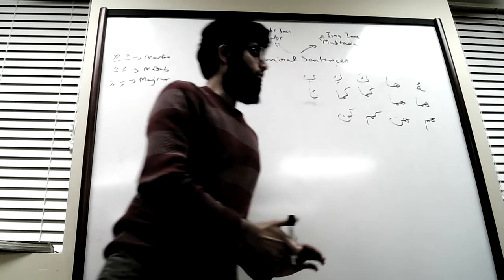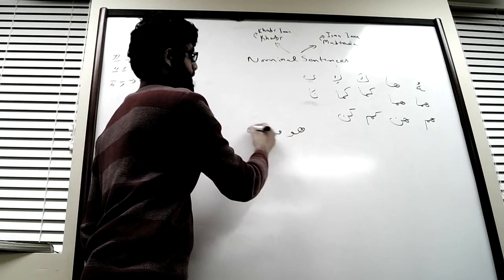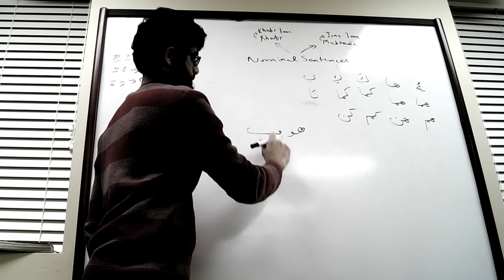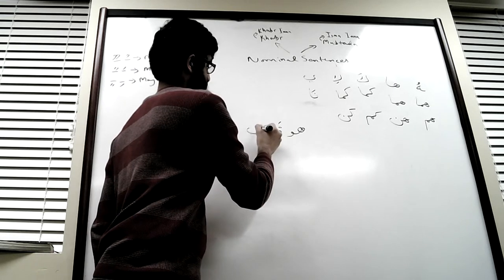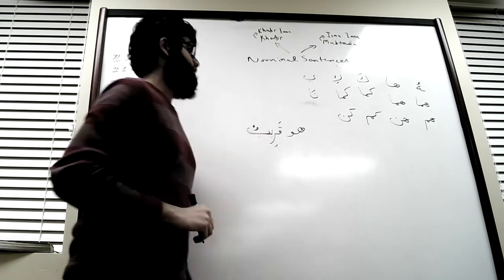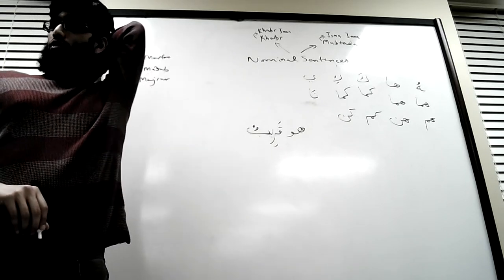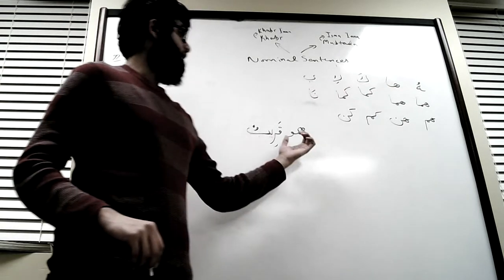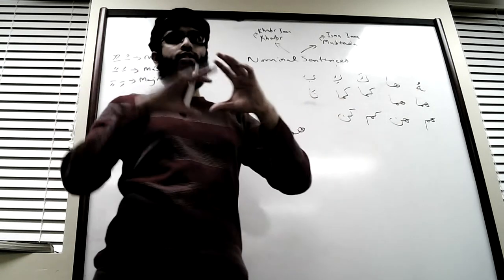So we just said huwa qaribun. If I want to add inna to it, what am I going to say? Innahu qaribun. I look at the attachable form of the pronoun and attach it to inna.